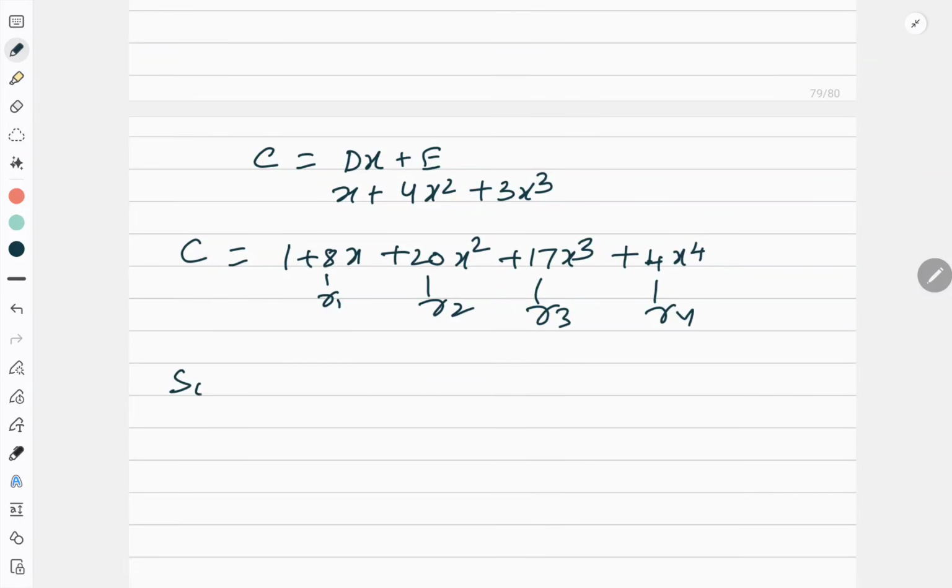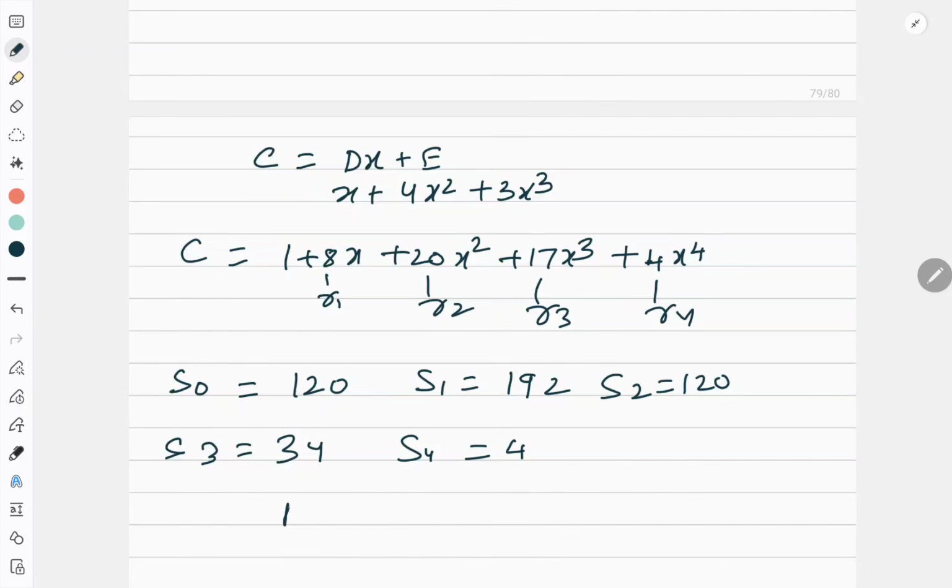Correct? Now when you solve, you should pause and calculate yourself. S0 is 120, S1 is 192, S2 is 120, S3 is 34, S4 is equal to 4 and then N complement is 18.